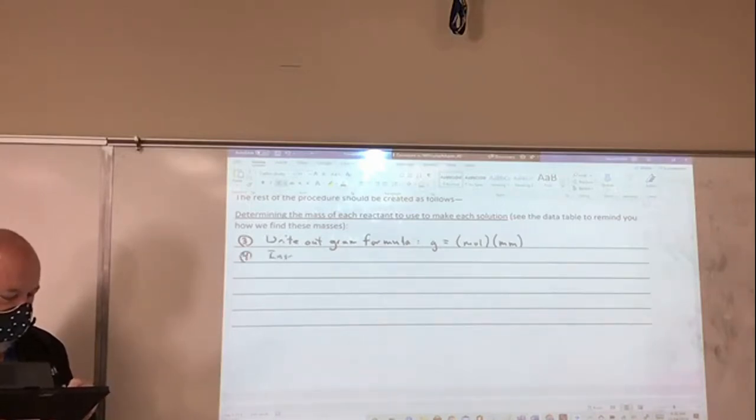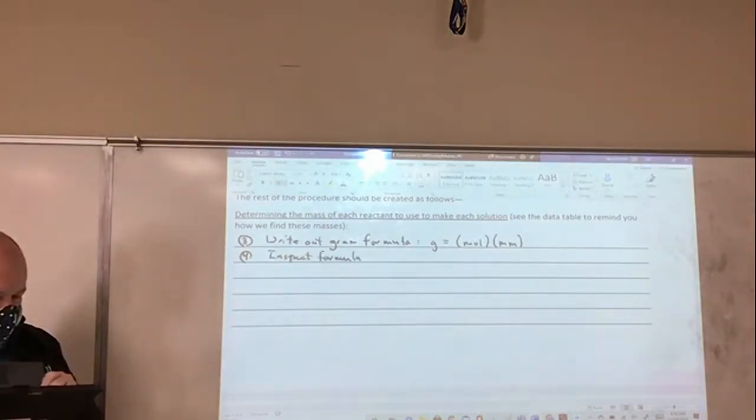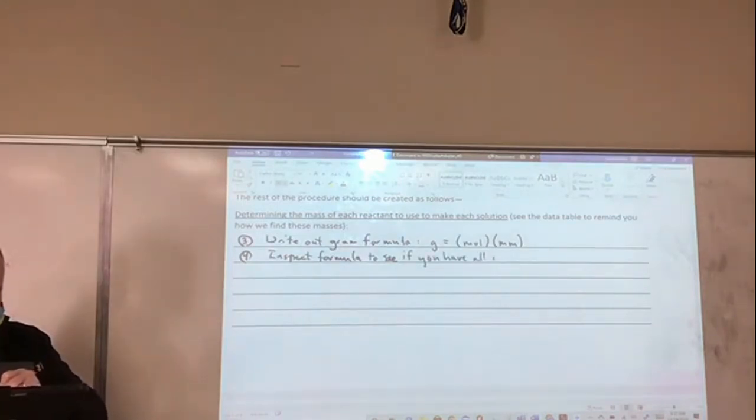Inspect the formula to see if you have all the information.